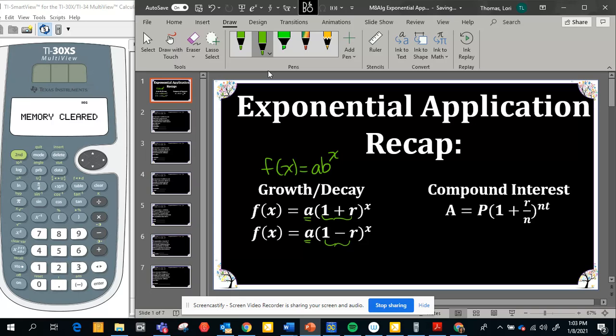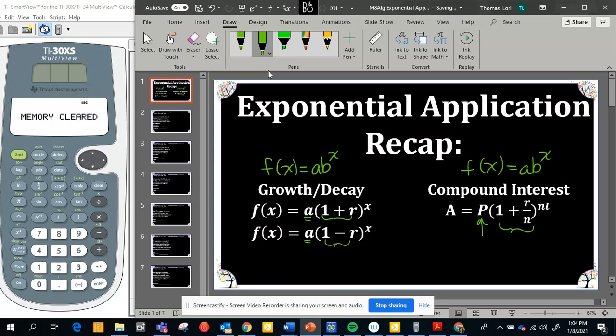Then we have compound interest. Again, it is disguised as ab to the x, where our initial value is called the principal, the amount we invest or borrow. Our b value is 1 plus the rate divided by the number of times it's compounded per year, raised to the value of n times t.